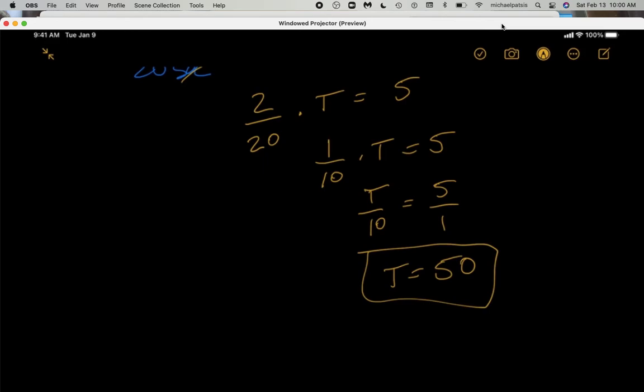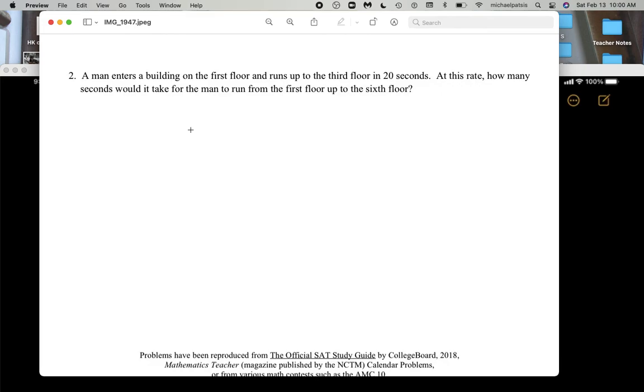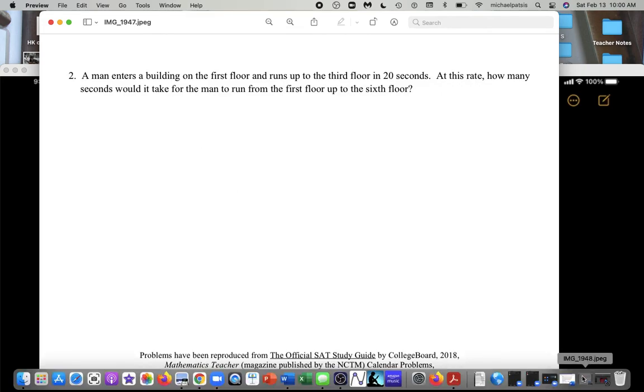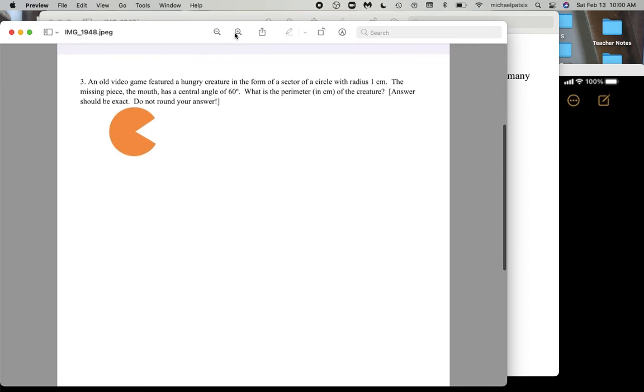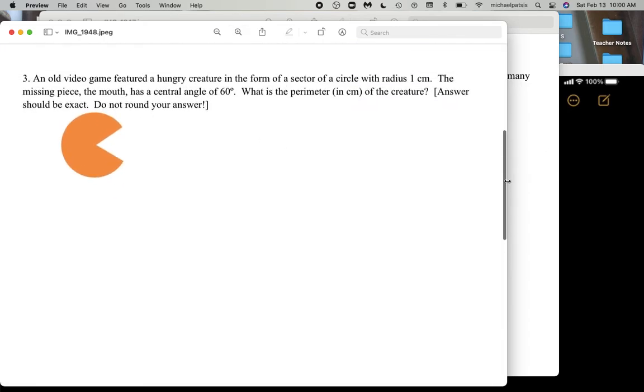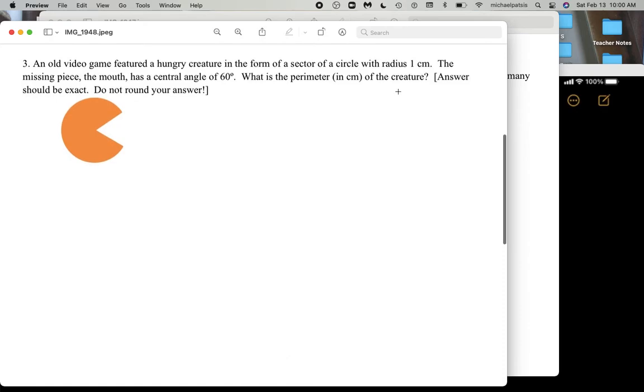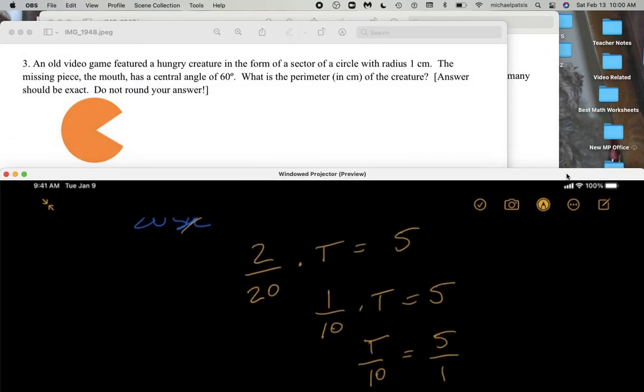Okay, let's move on to the next problem. Here it is. An old video game, which I believe is Pac-Man, features this hungry creature.